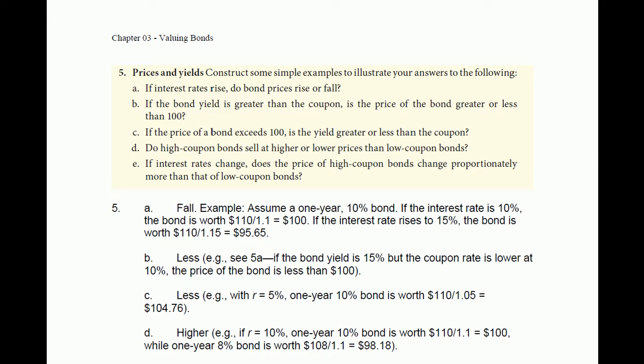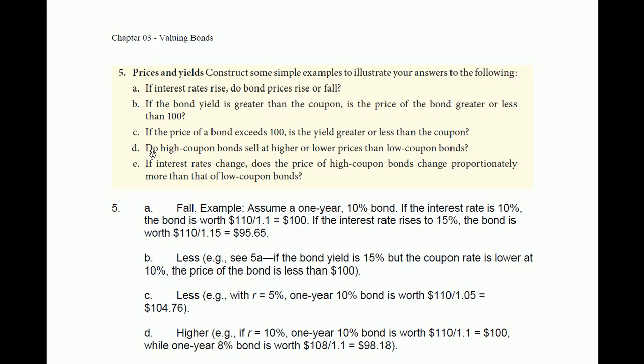So the yield must be less than the coupon. Example will be with the yield at 5%. The 1-year 10% coupon bond is worth 110 over 1.05, and the price is at 104.76.